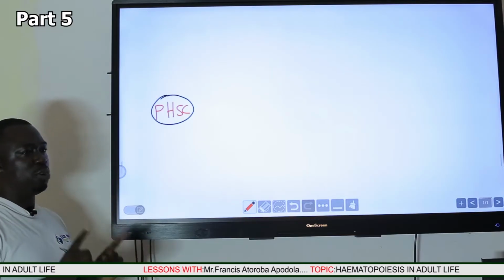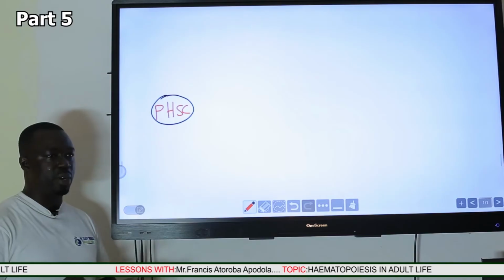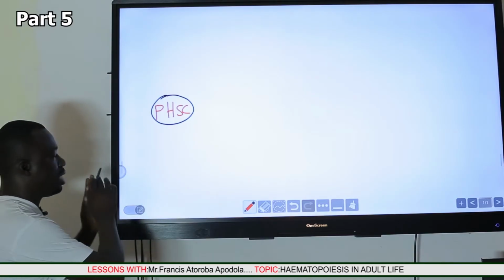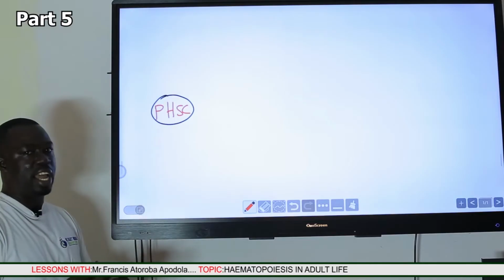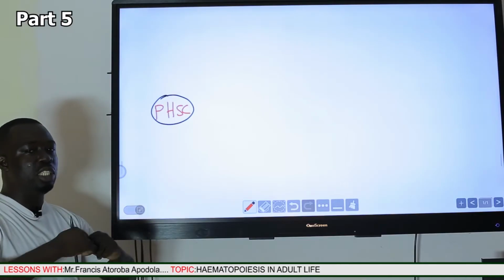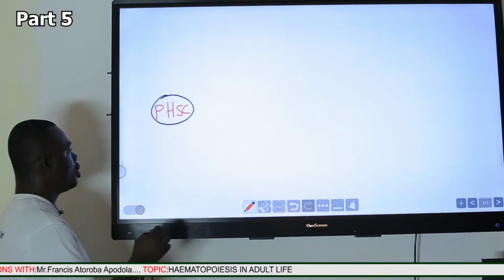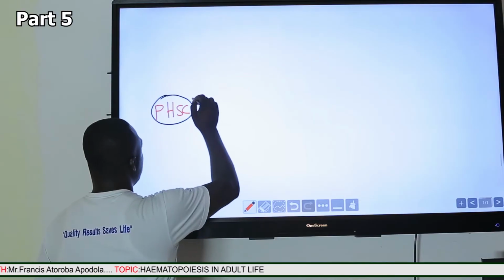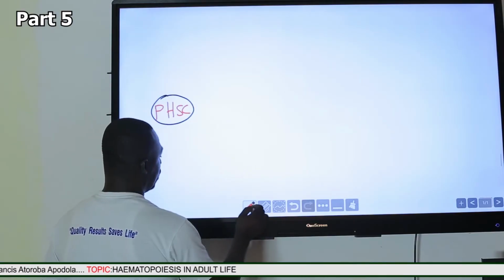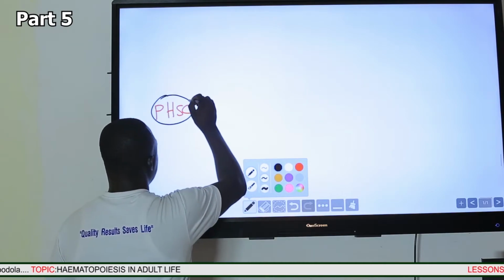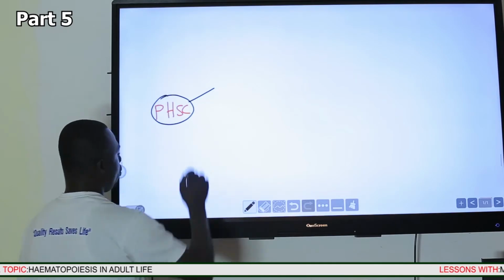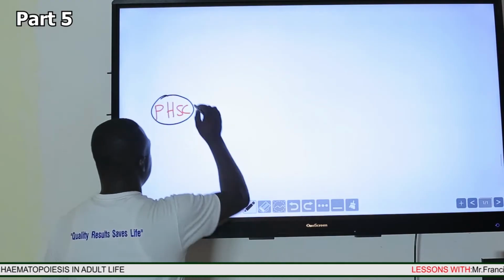So this pluripotent hematopoietic stem cell actually becomes the starting stem cell. This is an unspecialized stem cell or an undifferentiated stem cell. This particular stem cell will undergo differentiation.